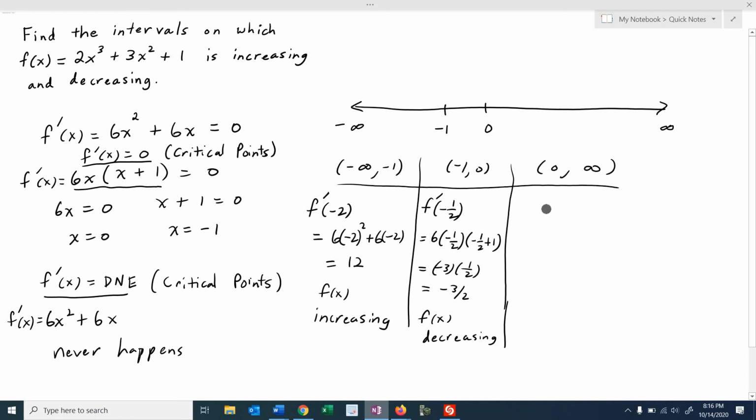Now let's pick a test point in here, like 1. 1 would be a good test point to use here. Plug 1 in, and you can see that you get 12. And that means the function's increasing.